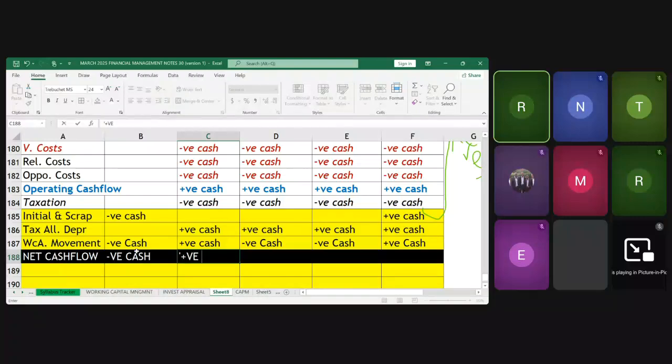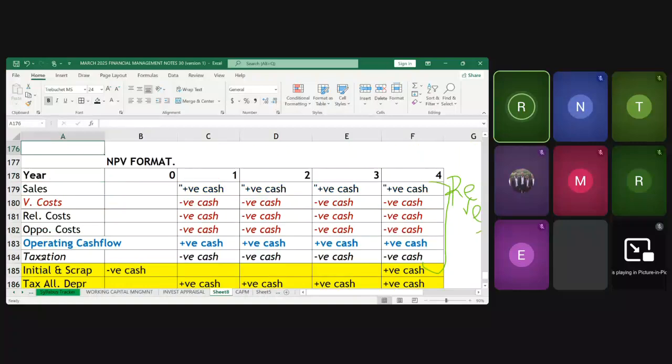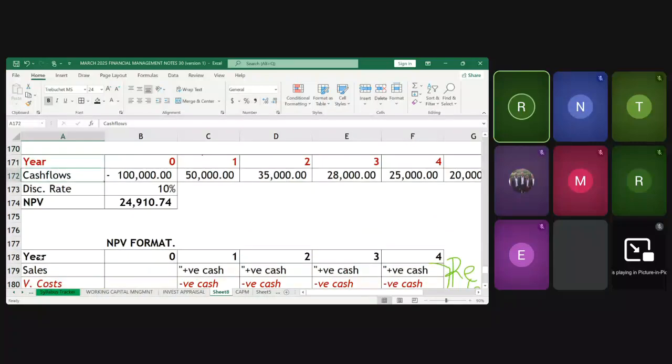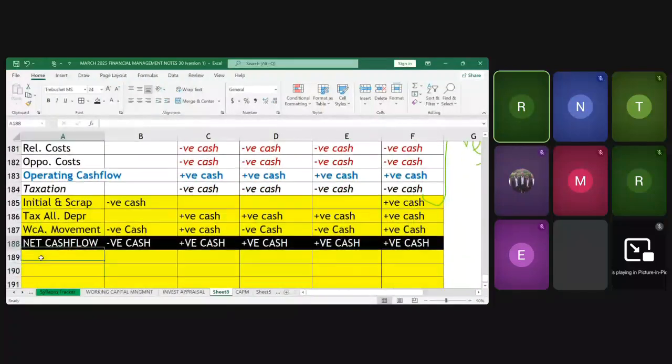Positive cash, positive cash, positive cash. So if you take this one, this is from this black and white item here, this is where we started off. So when we had our cash flows, this is the assumption that we were using, net cash flows.